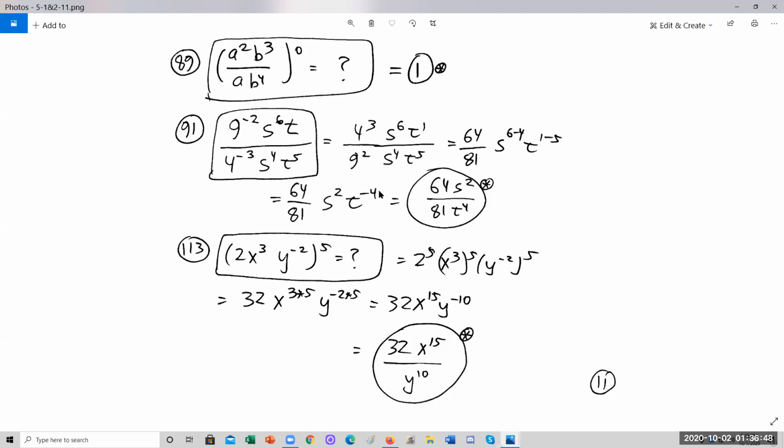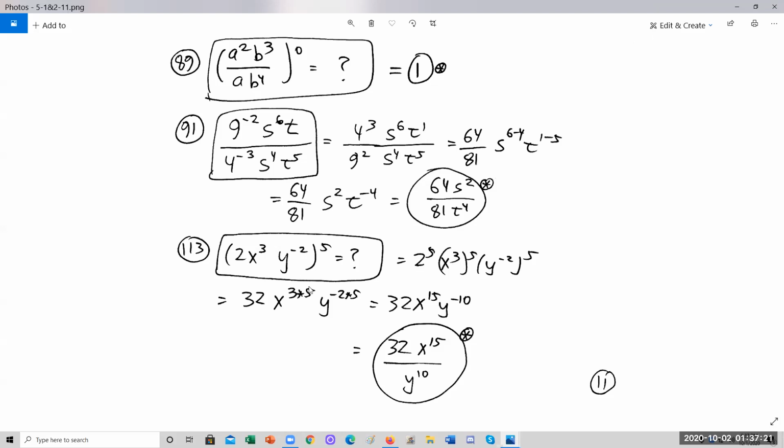I'm asking because I would have thought that if the problem was already solved, if you left it as 64s squared t minus 4 over 81, that's doable too. I'd accept that. So you consider this a correct answer, and this is a correct answer, but that for just a hair more. That's all. Let us proceed. Understood. Thank you.